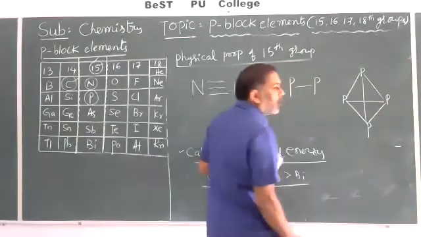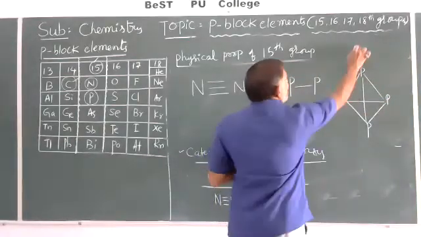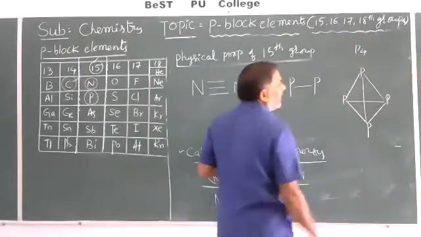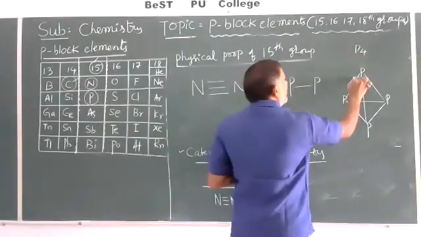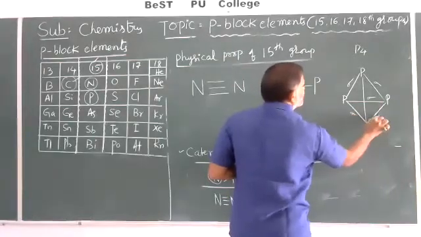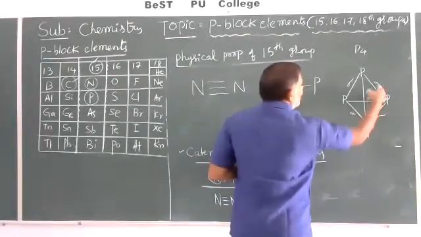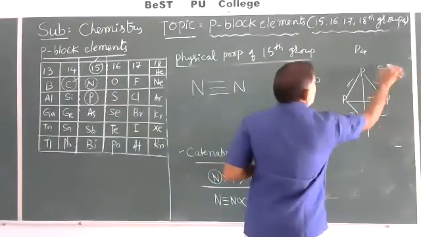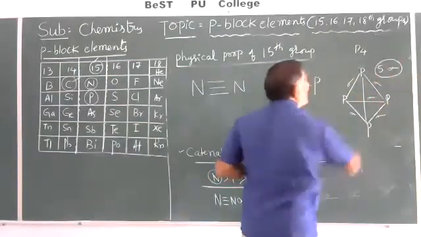Now the total number of sigma bonds in the P4 molecule, white phosphorus: here a sigma bond, and here sigma and sigma. 1, 2, 3, 4, 5 bonds are present. 5 sigma single bonds are present.